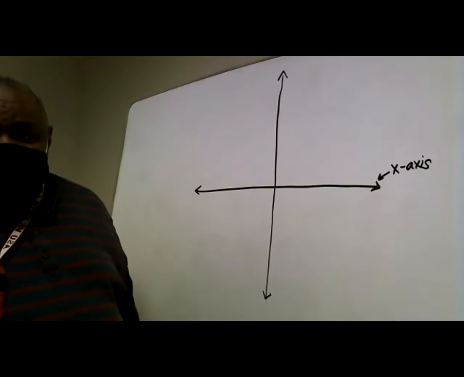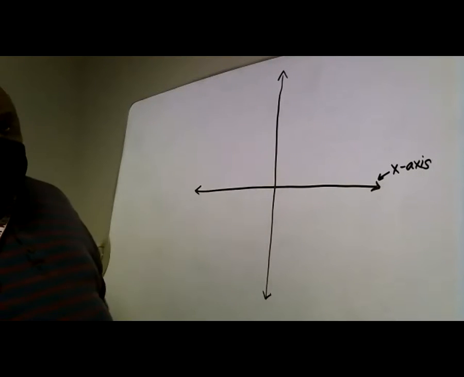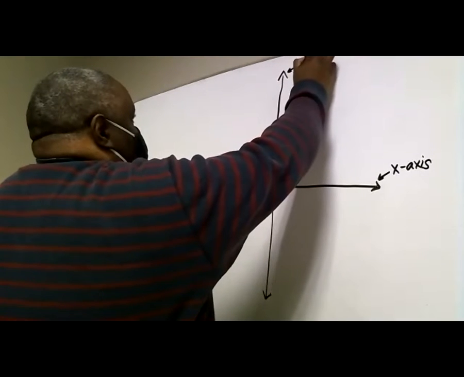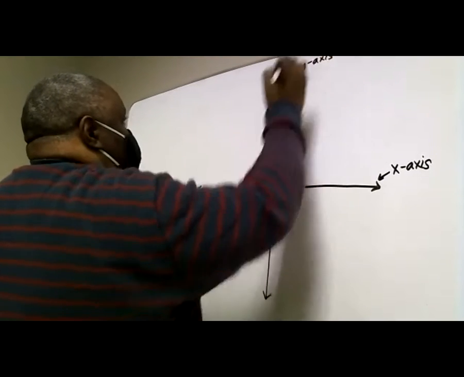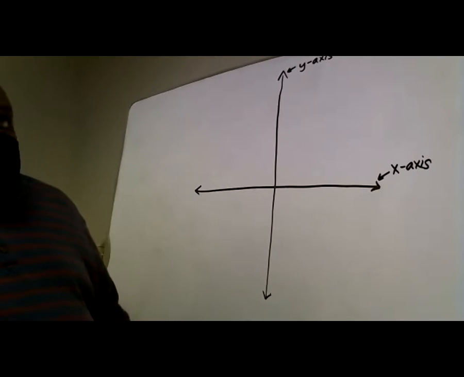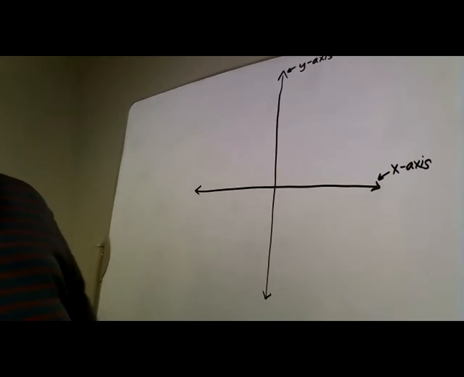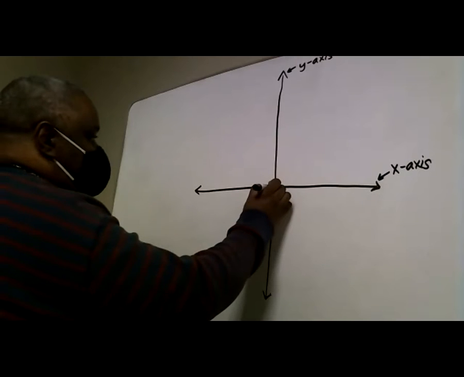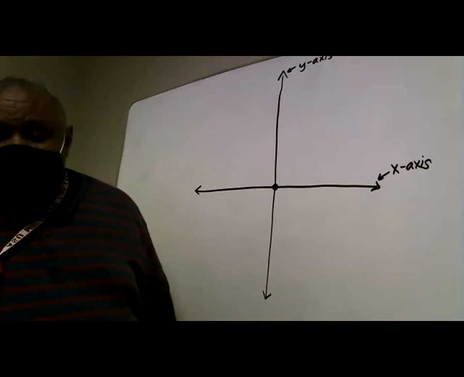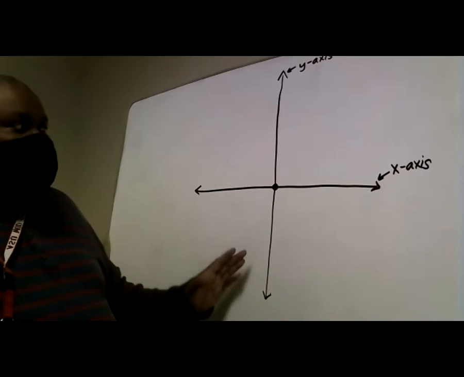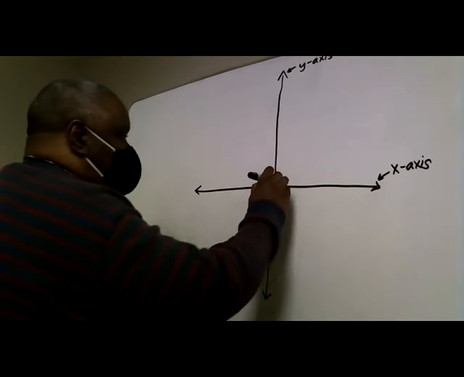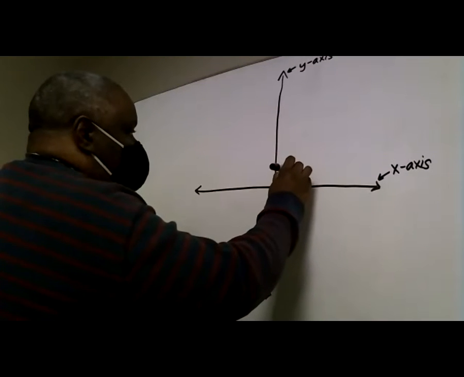And then the vertical number line is called the y-axis. Those two number lines intersect at a point, because two lines intersect at a point. So here, in this case, we call this the origin.